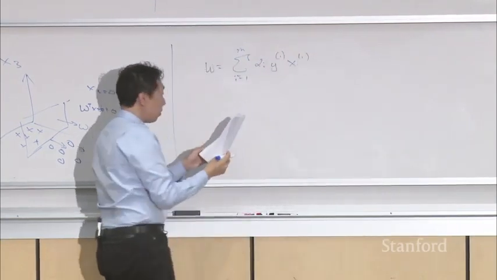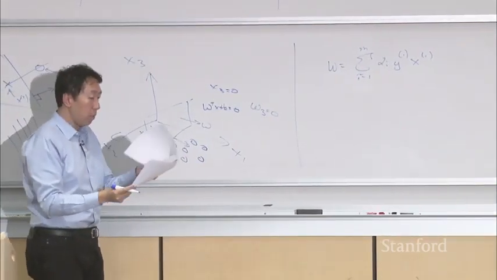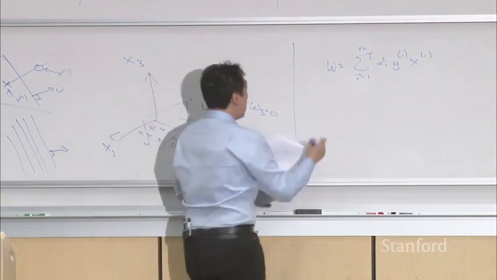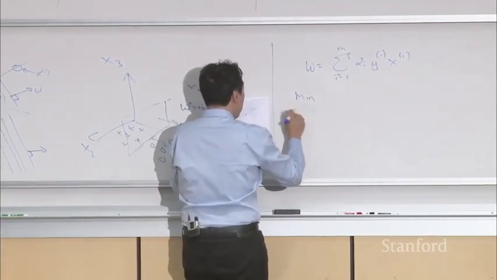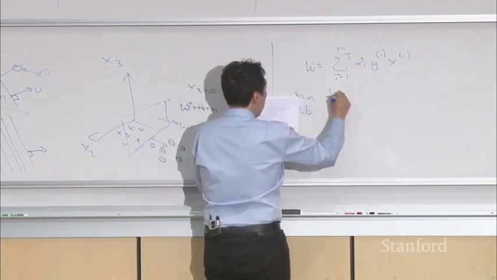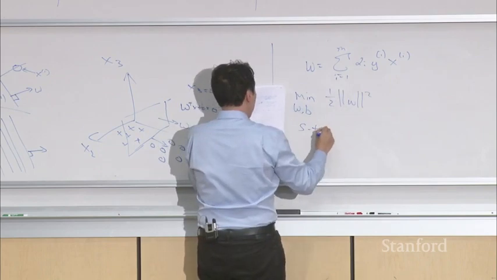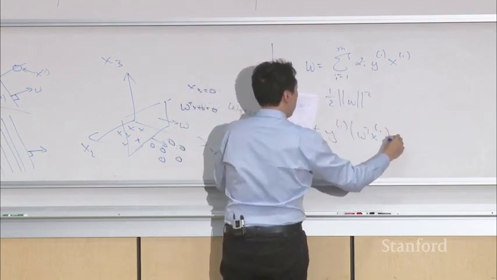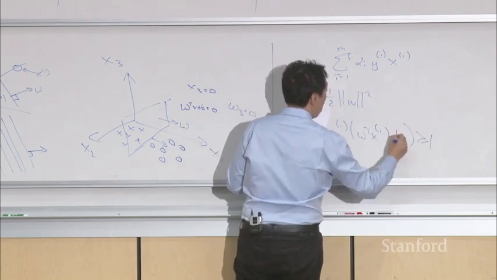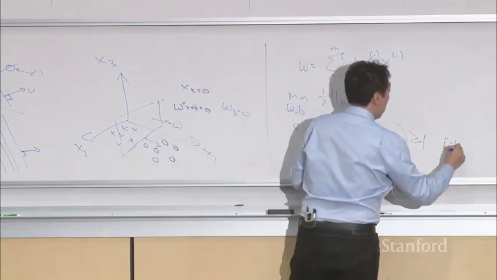So let's assume that W can be written as follows. Our optimization problem was this: you want to solve for W and B so that the norm of W squared is as small as possible, and so that this is bigger than or equal to 1 for every value of i.